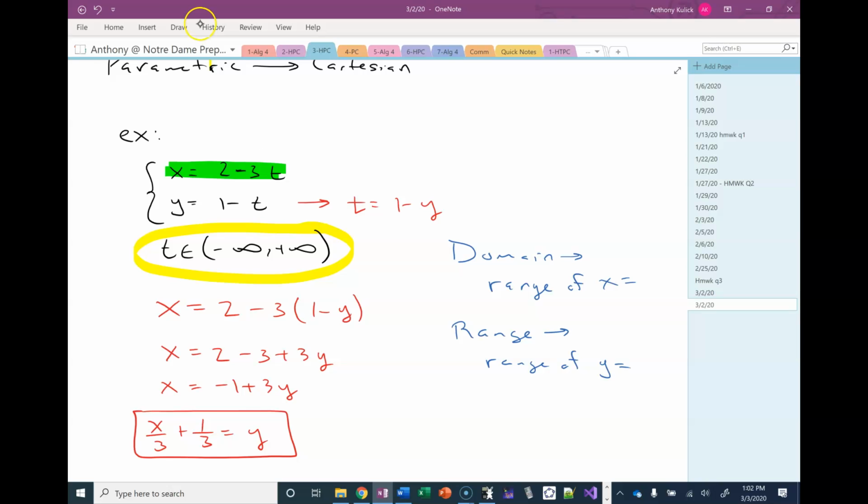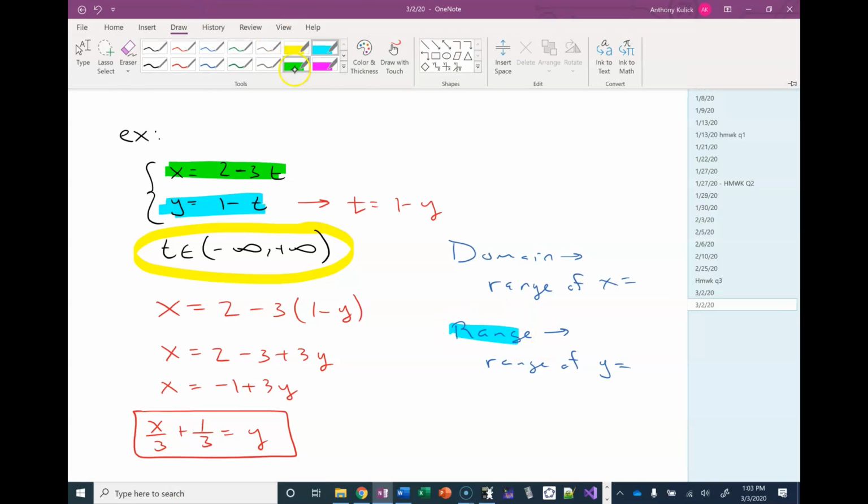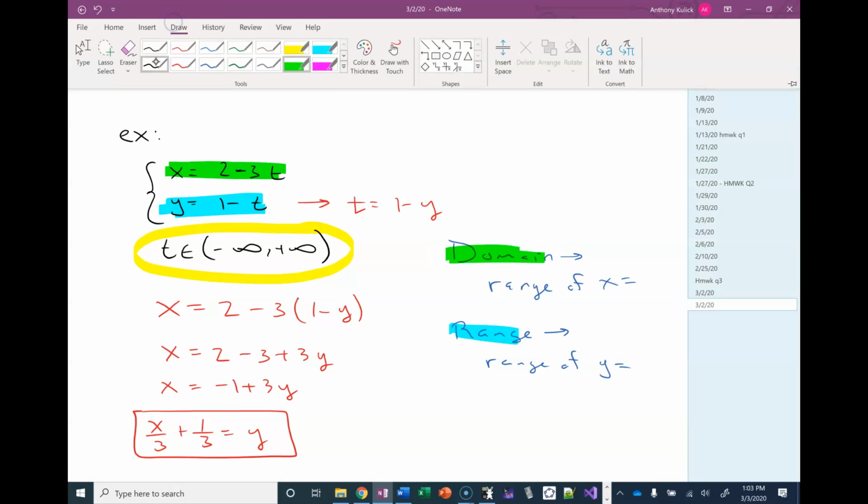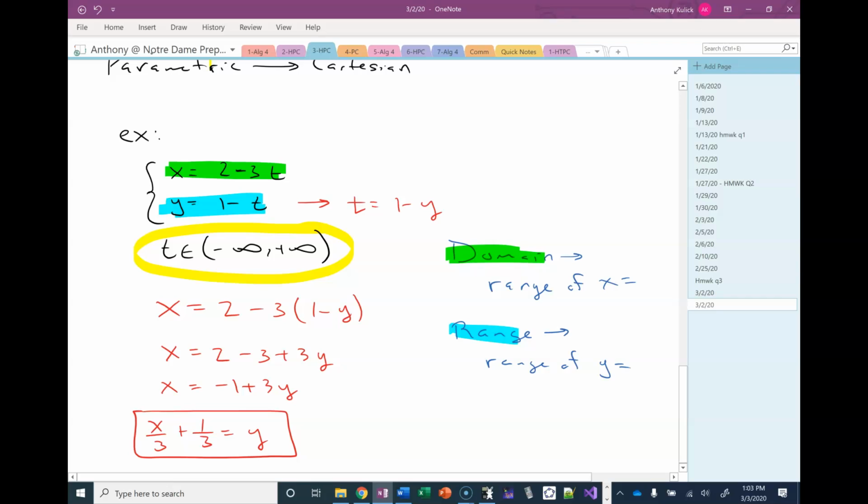And if I look at the y equals equation, I can use that to give me the range. Everybody okay there? So let's describe how we're going to do that.